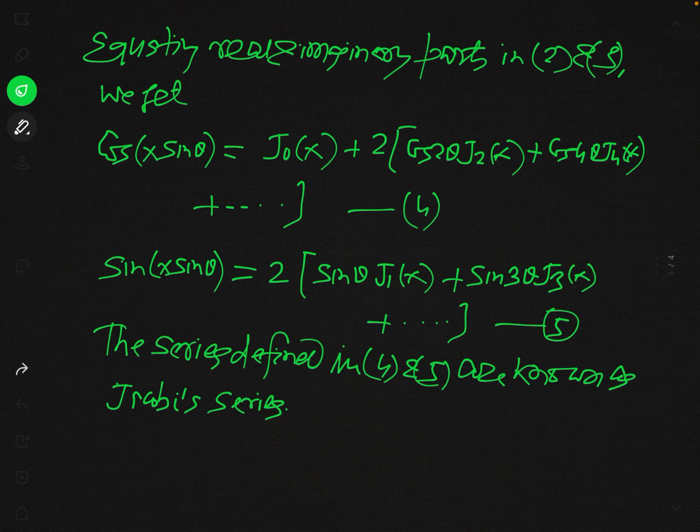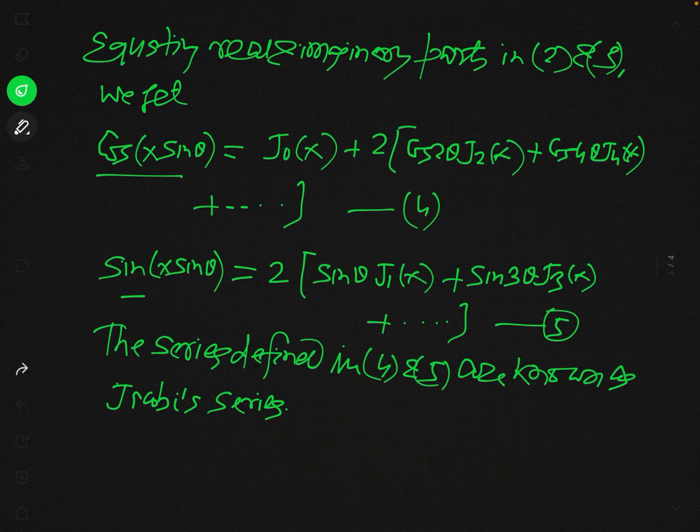Now we will follow a particular step to evaluate the integral of the LHS of equation 4 and equation 5. For this we multiply both sides of equation 4 by cos n theta, and then integrate with respect to theta between the limits 0 and pi.